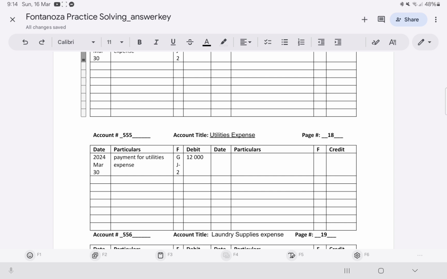You should know how to debit, how to credit. You should know how to analyze the value that you receive and the value parted with, because there might be a tendency that you cannot balance if you don't know how to write the correct accounting title in the debit and credit.